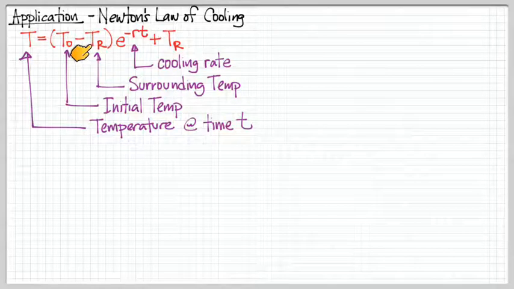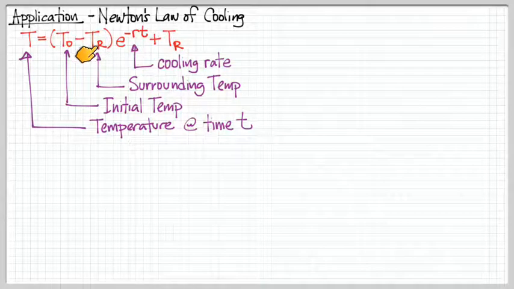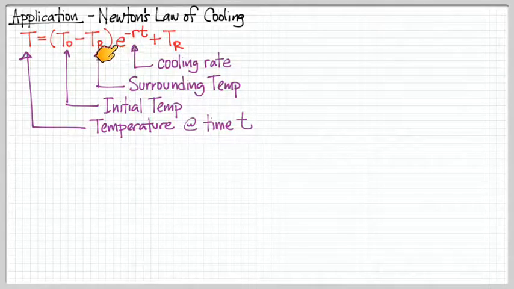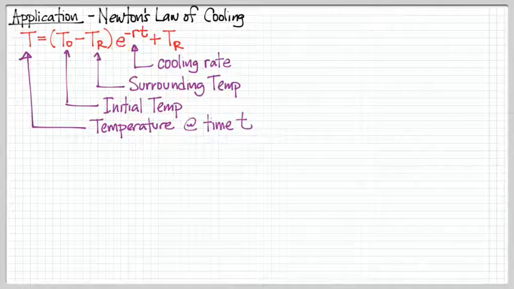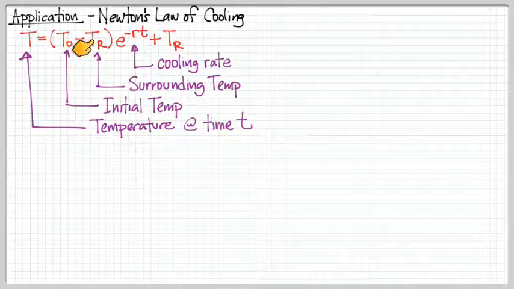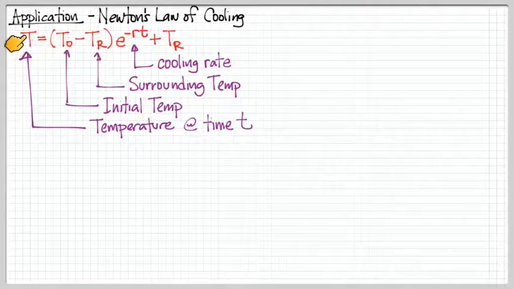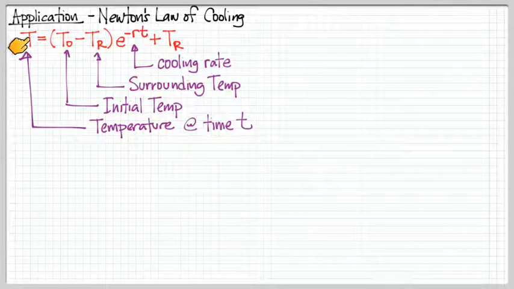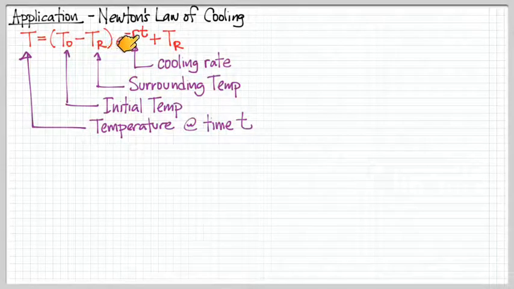It's sitting in a room, so this is the surrounding room temperature, TR, T sub R. And then we have some cooling rate. So we have an exponential function here with the cooling rate of R. And over time, the temperature of the object starts to approach the temperature of the room, and the temperature T here can be calculated by plugging in the various values.